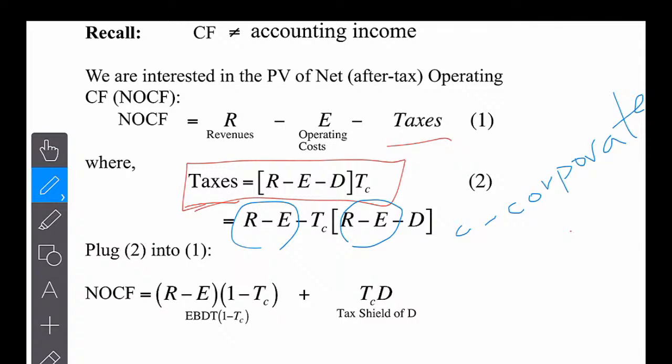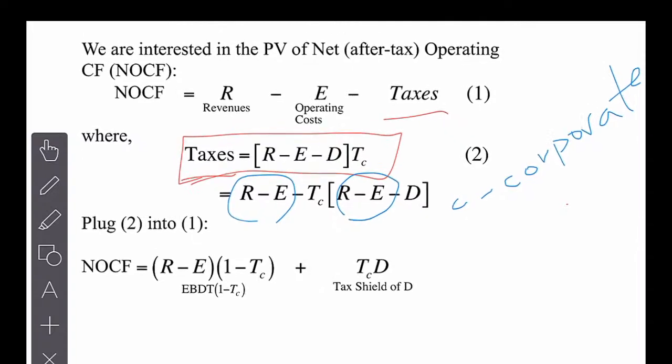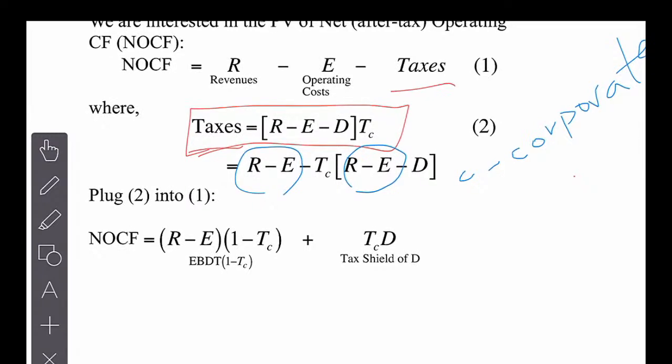And that will leave, if you can see that, 1 minus TC for that. So what does this say? It's EBDT, which means earnings before depreciation and taxes. And whenever you see 1 minus TC, you should say after tax.